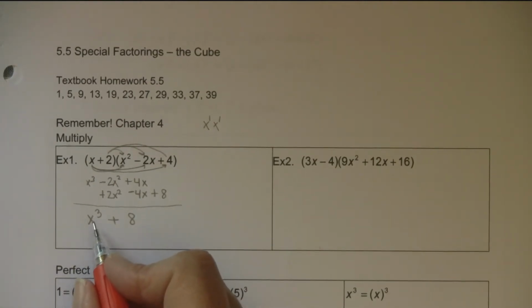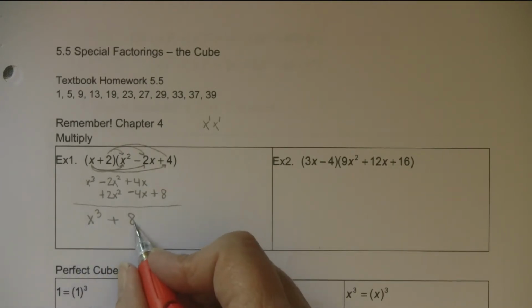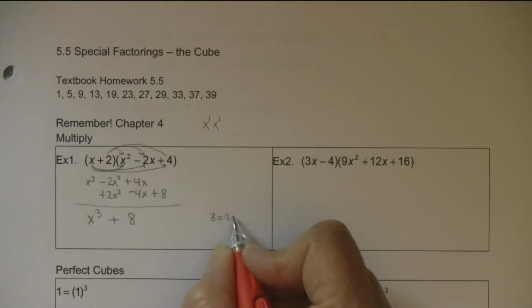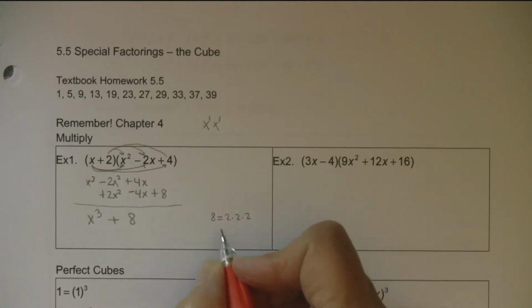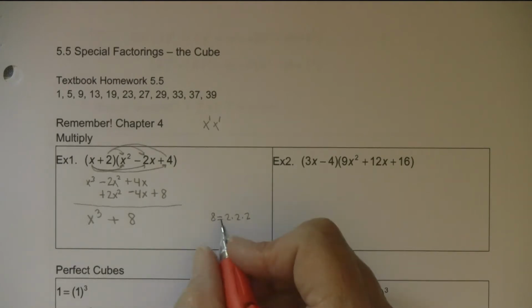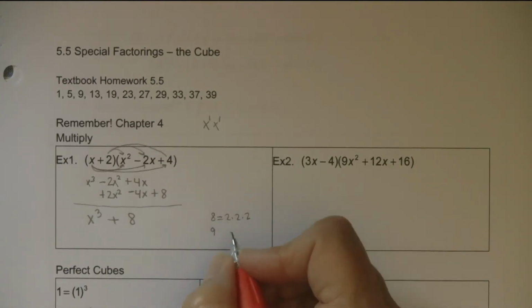It's called a cube because it's made up of x times x times x. And this is special as well because 8, I don't know if you guys are remembering, but 8 was 2 times 2 times 2. And so that is also called a cube because there's 1, 2, 3. It can be written in that special way. Now 9 can't be written in that special way. There aren't 3 numbers that are the same.